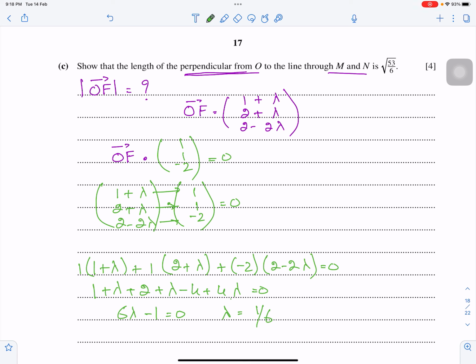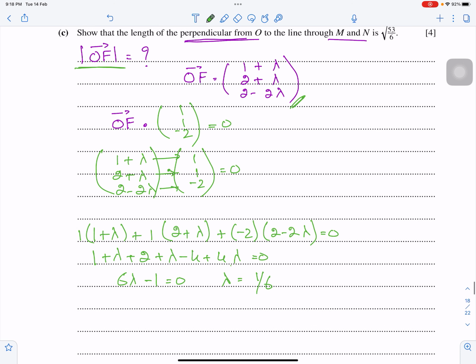I told you in the beginning that to find the shortest or perpendicular distance from O to the line MN, I need OF. So OF is given here. I will substitute lambda in it and then take the magnitude. So OF is 1 plus 1 over 6, 2 plus 1 over 6, 2 minus 2 times 1 over 6.